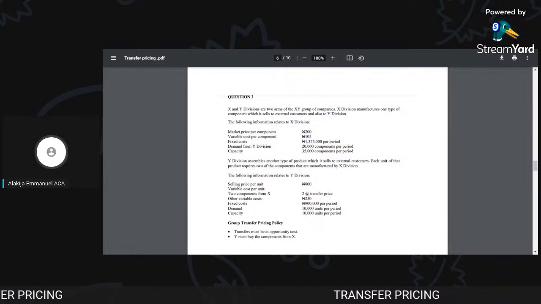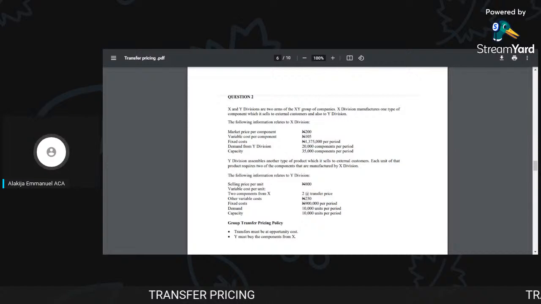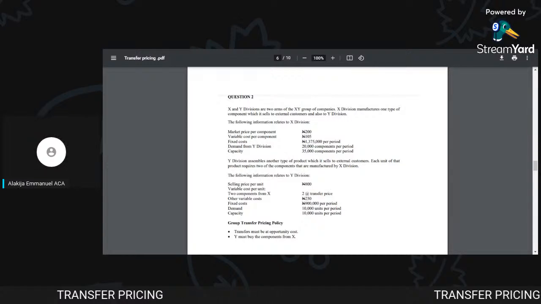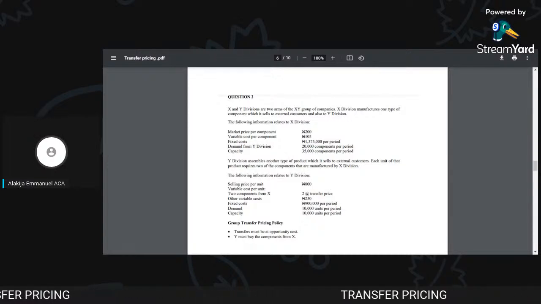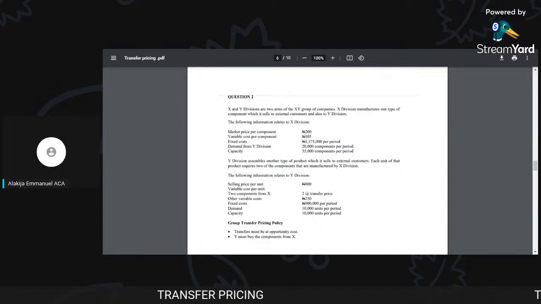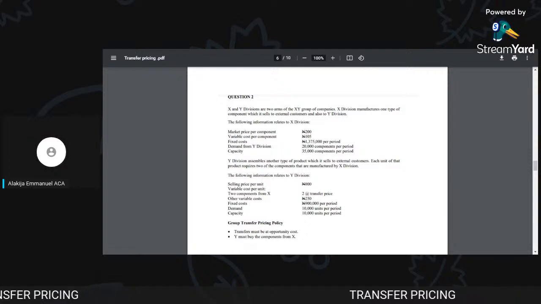The following information relates to X division.